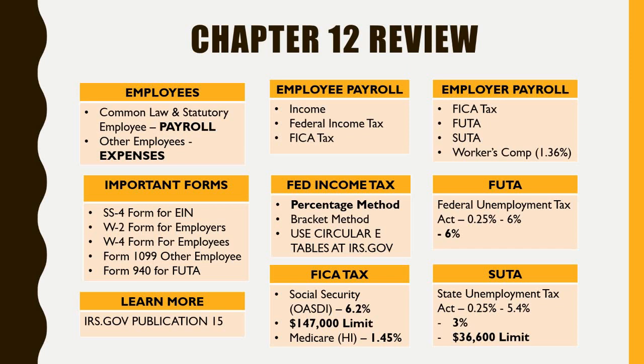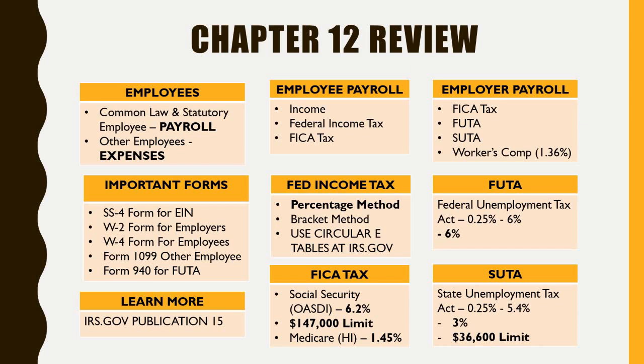And then under that, we talked about what employee payroll taxes are. They're responsible to pay for their income withholdings and the Federal Insurance Contributions Act. Federal income tax is based on the percentage method, which allows us to look at the Circular E table, and so on and so forth.